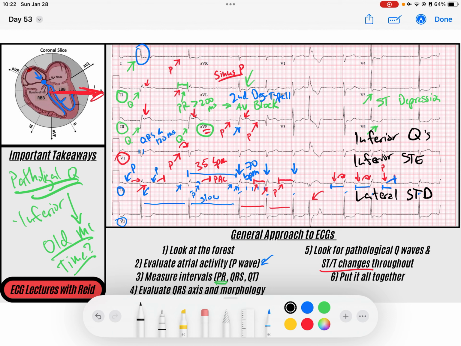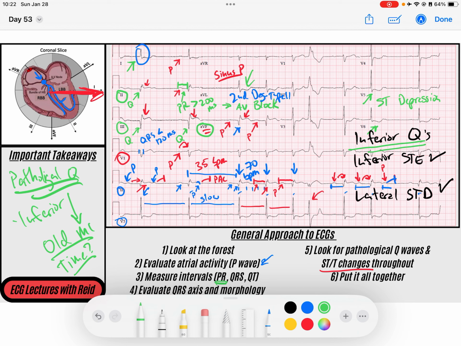So that tells me that this elevation is really caused by ischemia because we've got reciprocal depression. In the inferior pathological Q waves, there's a good chance that this is developed because of an evolving myocardial infarction. So my guess with this ECG is that this person is having an inferior STEMI.